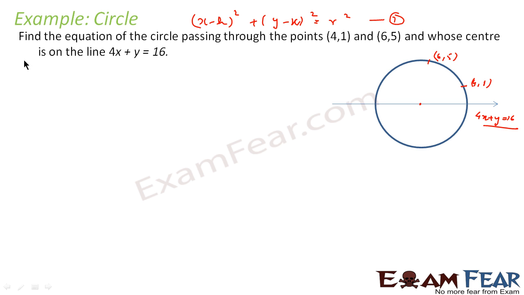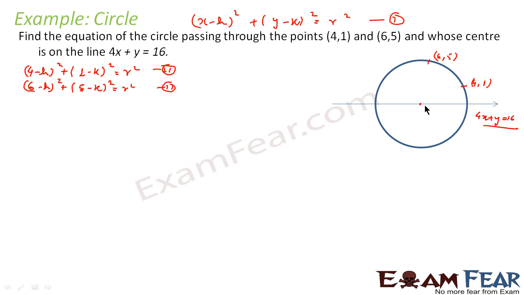So we can say 4 minus h square plus 1 minus k square is equal to r square. This is my equation number 2. Similarly, 6 and 5 also satisfies this circle, so we can say 6 minus h square plus 5 minus k square is equal to r square. This is my equation 3.